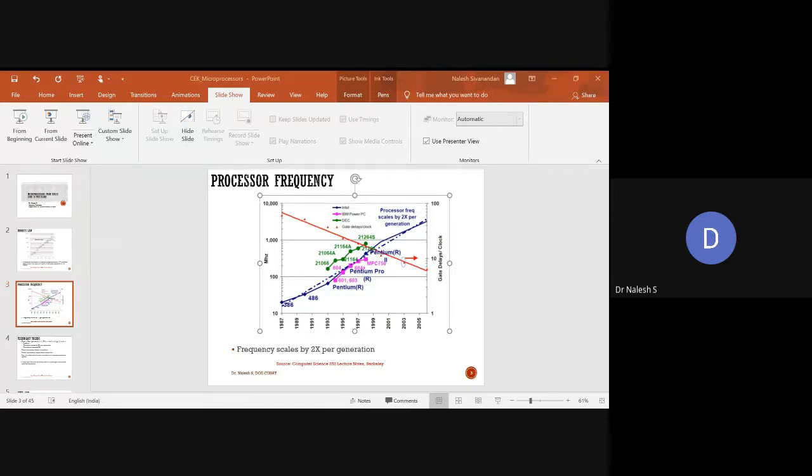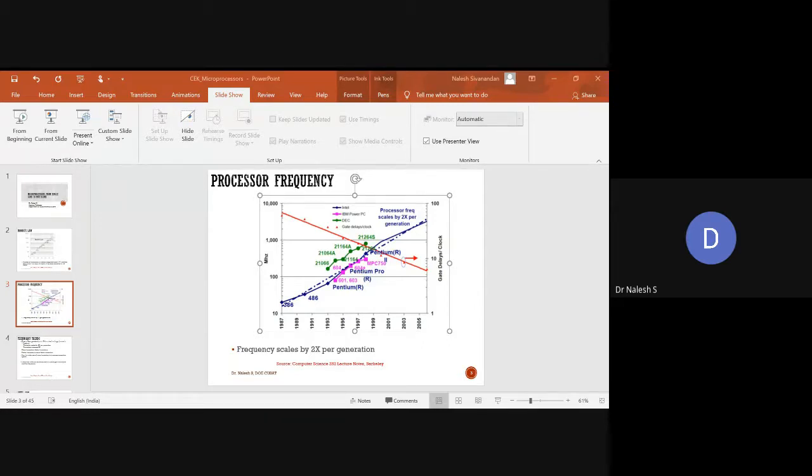Whoever is constructing the architecture doesn't have to do anything. You just have some architecture, you move it to a new technology, you can operate the transistors at double the frequency, and you are going to get double the throughput without doing anything on the architecture.